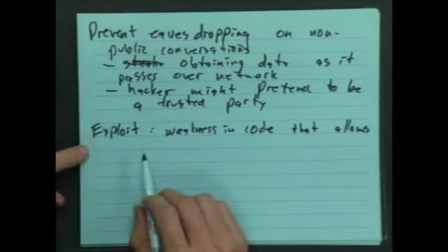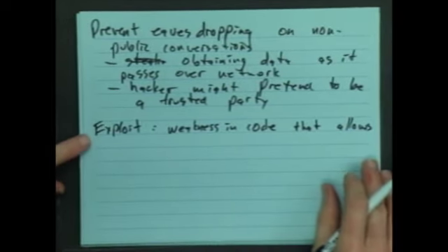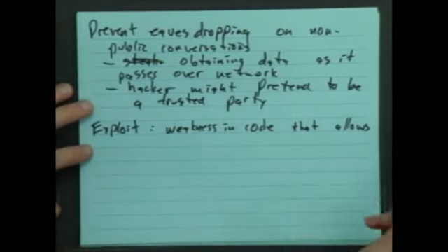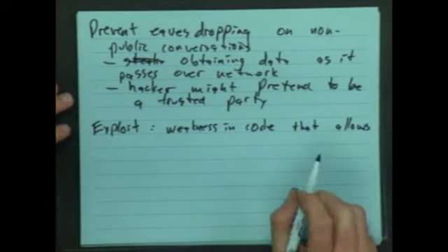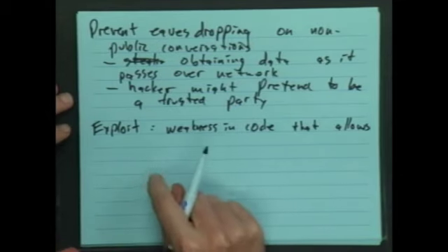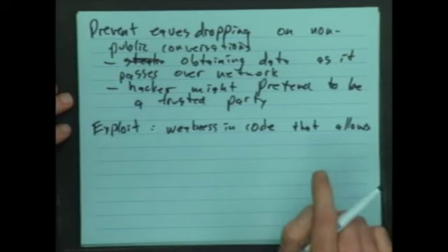The vulnerability is that it's there. The exploit is the thing that actually does it.